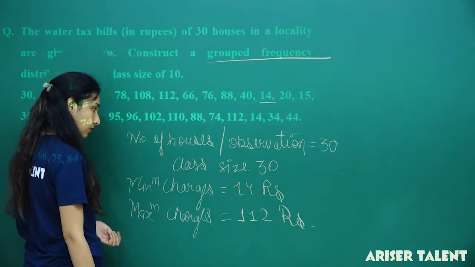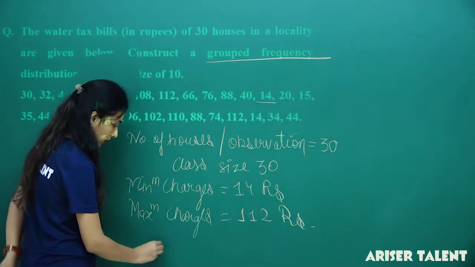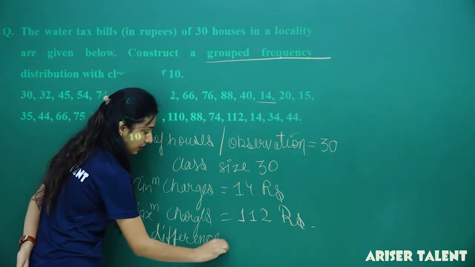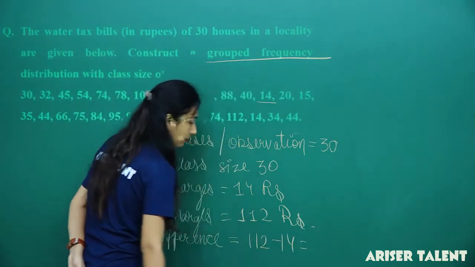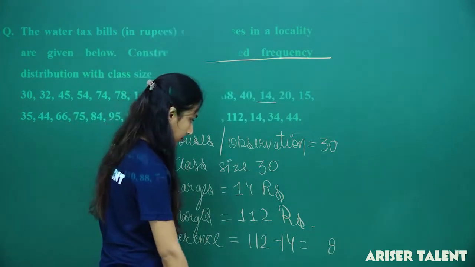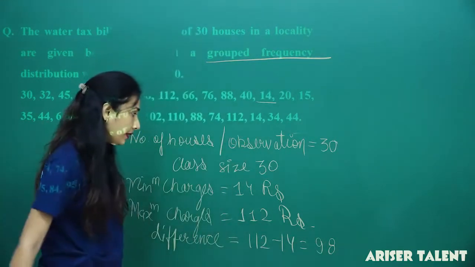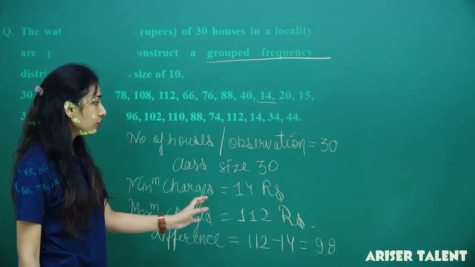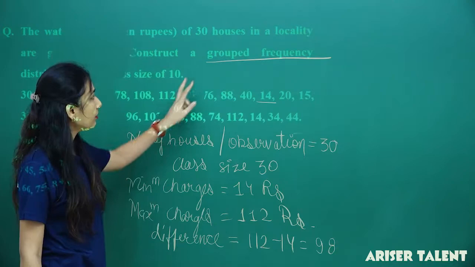Okay, so I have to find the range between 14 and 112. So the difference is equal to 112 minus 14. That will be 98. Now I have to make a grouped frequency.